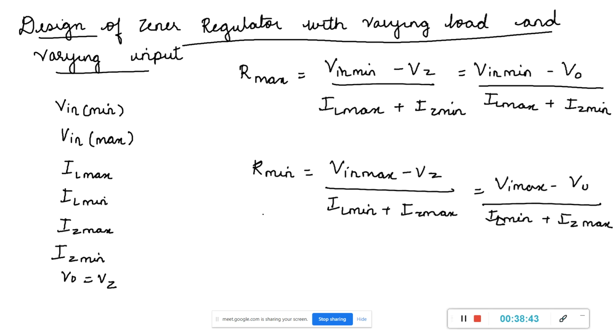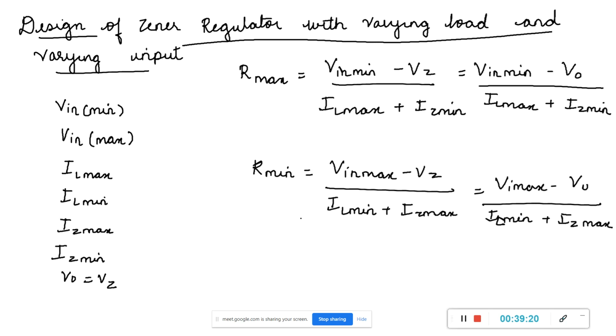as a regulator. Okay, if the load current or the input voltage is constant, or not varying, then both its maximum and minimum values must be treated as the constant value in the equations given. So if it satisfies these two equations, R max and R minimum, the proper Zener diode having Iz min and Iz max values can satisfy both the varying input and varying load conditions, and then it will provide us the constant output voltage.